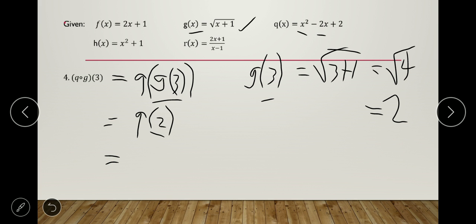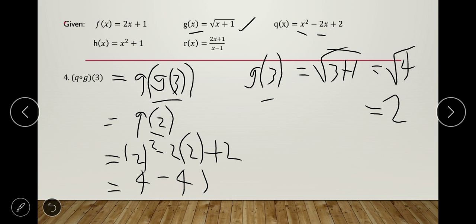So this is now 2 squared minus 2 times 2 plus 2. So we have here 4 minus 4 plus 2. In short, the answer would be 2. This is now our composite value.